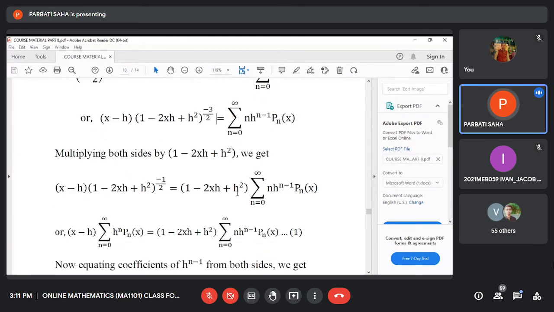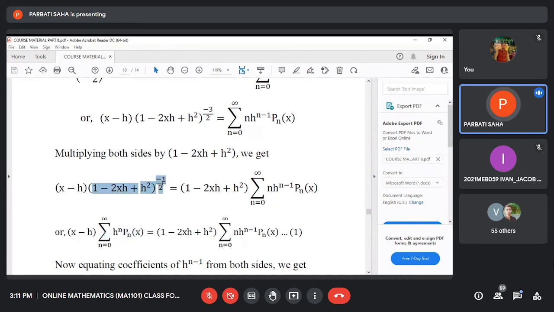Now you see the right side: (x minus h) into this equals to this, 1 minus 2xh plus h squared equals to this, n h to the power n minus 1 Pn. Actually, you can replace this by sigma h to the power n Pn(x).